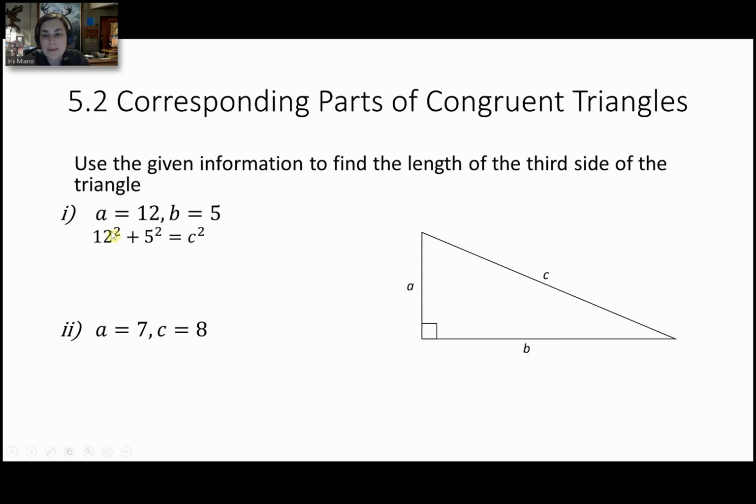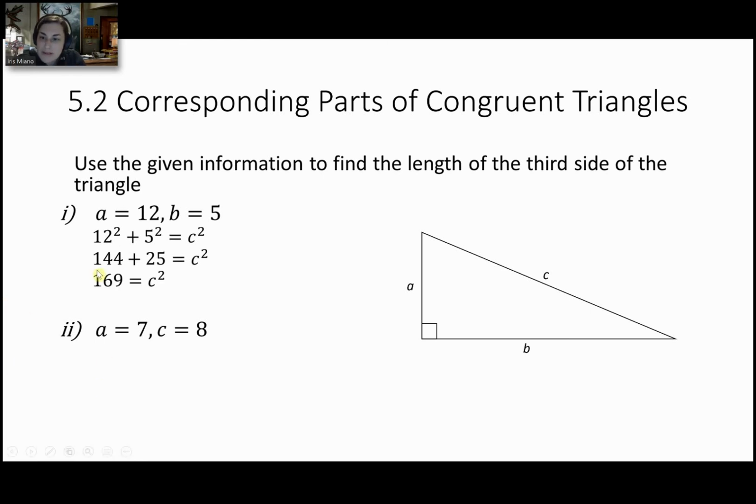We're not going to accidentally put 12 or 5 in the c position, because c is always designated as the length of the hypotenuse, and that's always alone on one side of the equation for the Pythagorean theorem. If you accidentally put your c value in for a or b, or vice versa, you're in trouble. So make sure you're plugging in the values into the correct positions when you use the Pythagorean theorem. And then go ahead and use your algebra brain and simplify.